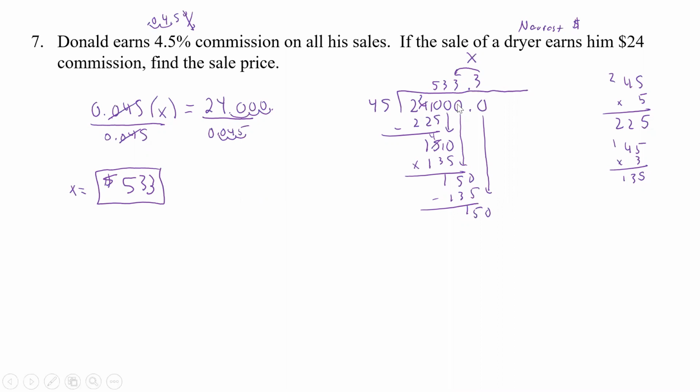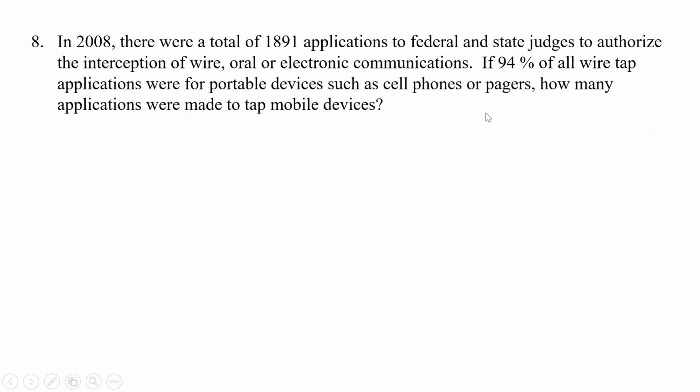All right. So the next one here, it says in 2008, there were a total of 1,891 applications to federal and state judges to authorize the interception of wire, oral, or electronic communications. If 94% of all wiretap applications were for portable devices such as cell phones or pagers, how many applications were made to tap mobile devices?